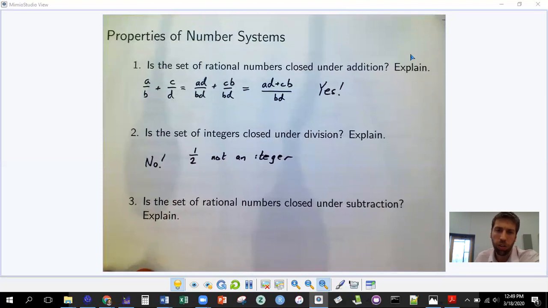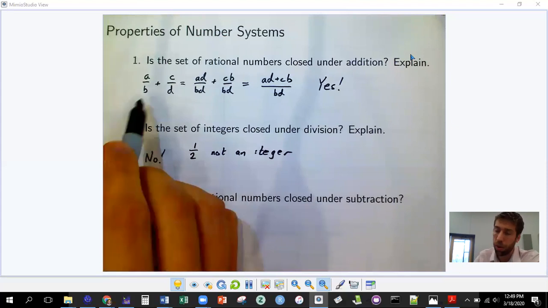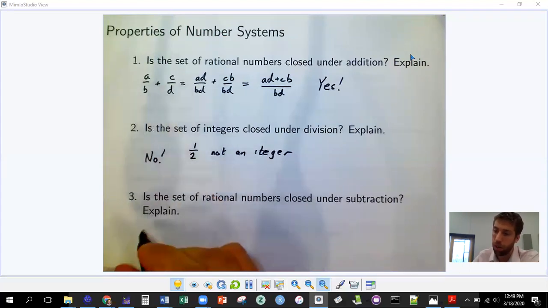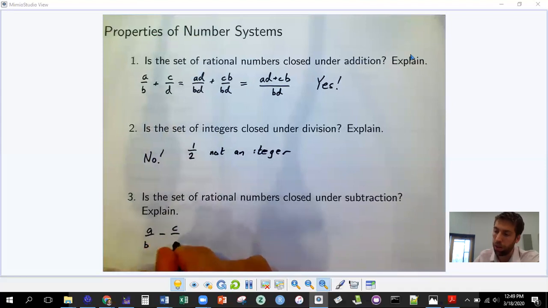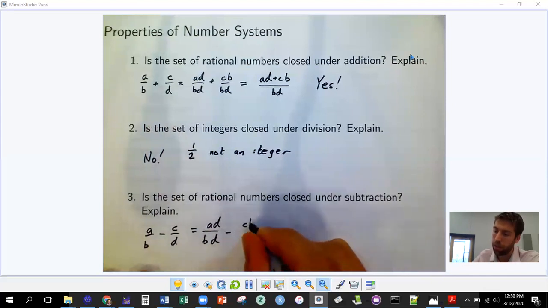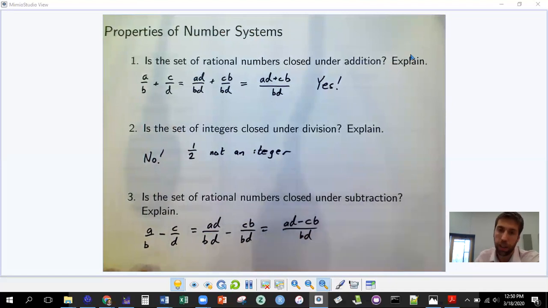Okay, well, is the set of rational numbers closed under subtraction? Explain. You do the same thing as above, just with the minus sign. So you've got your A over B minus your C over D, and that equals AD over BD minus CB over BD equals AD minus CB all over BD.